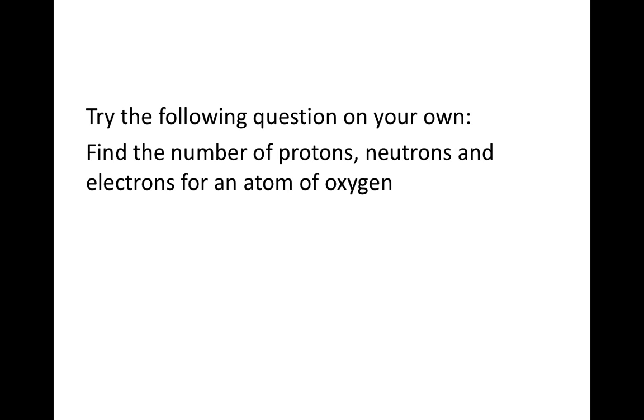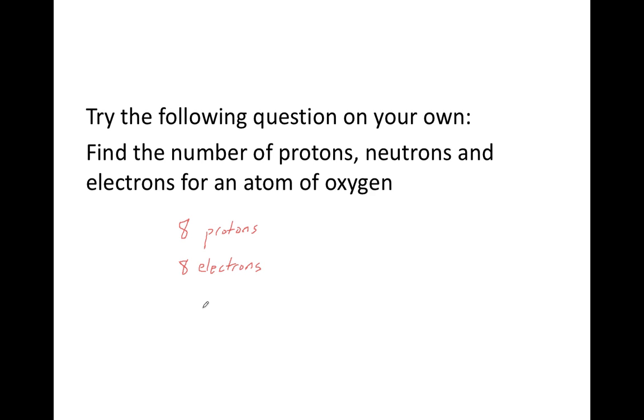Okay, so if we take a look at oxygen on the periodic table, the atomic number is 8, so it has 8 protons. In a neutral atom, the number of protons equals the number of electrons, so it's also 8 electrons.